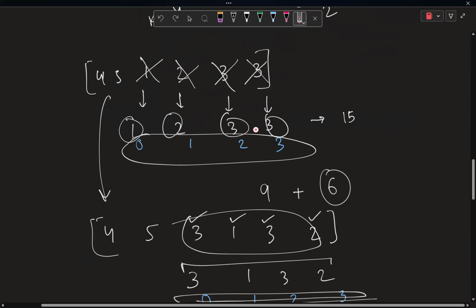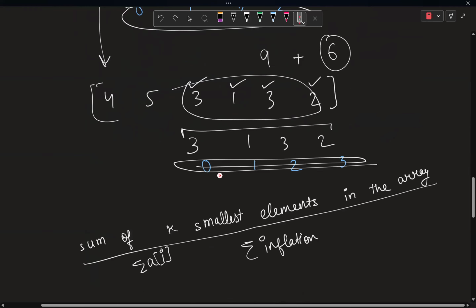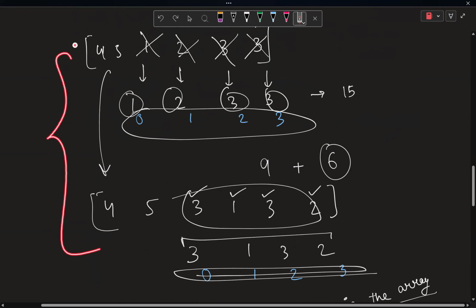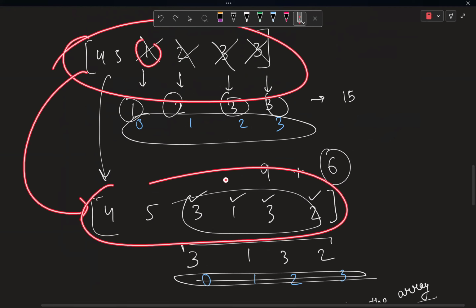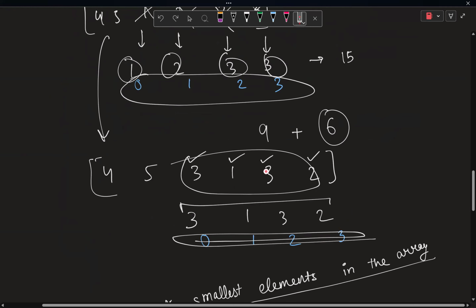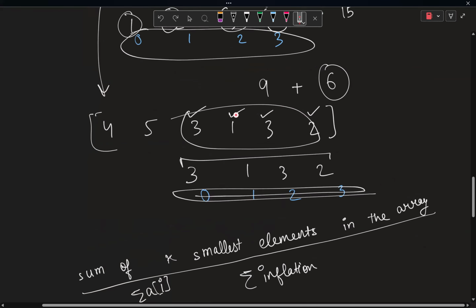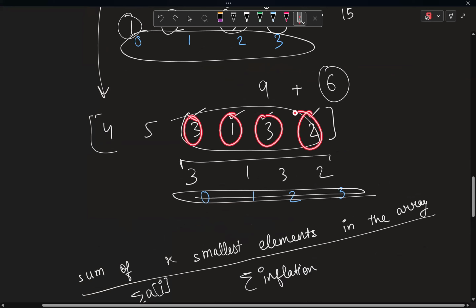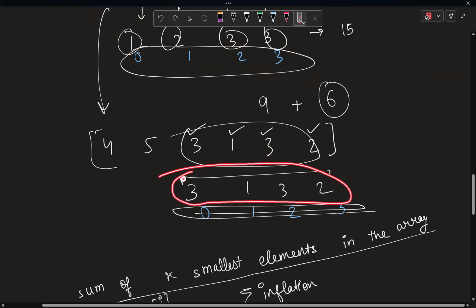So we tried a permutation 1 2 3, instead of 1 2 3 3, we had 3 1 3 2, just for confirmation that the order in which elements have been given does not really matter, because the sum of these AIs will remain the same.